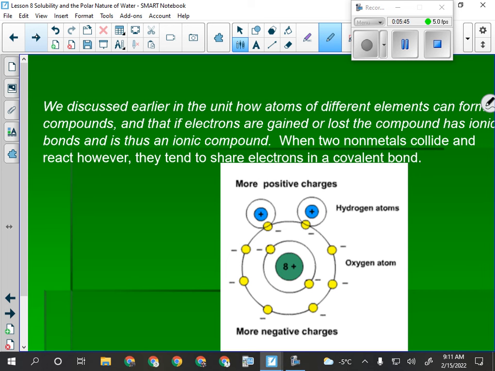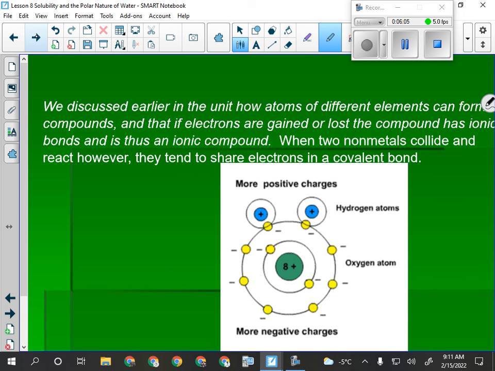It's called their electronegativity, and it's one of the numbers listed on your periodic table. If you're looking at your periodic table, electronegativity is the small number directly above the element's symbol.